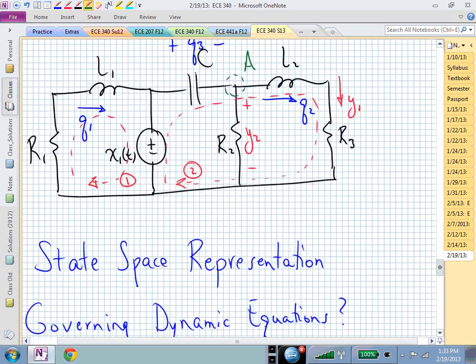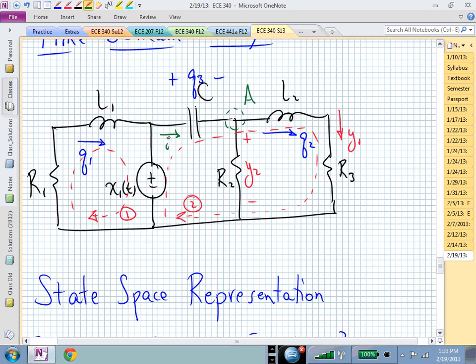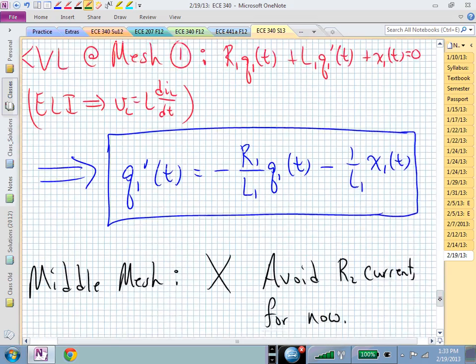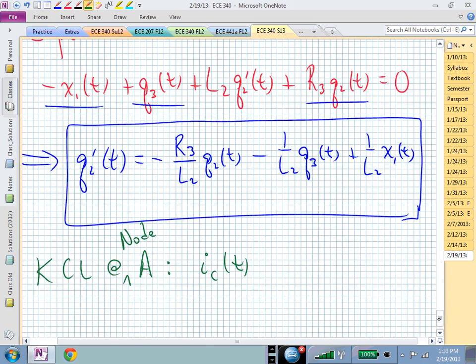That's this current here. Then that's equal to I sub R sub 2 of t plus q sub 2, right? So I now have I sub C of t is equal to I sub R sub 2 of t plus q sub 2 of t.